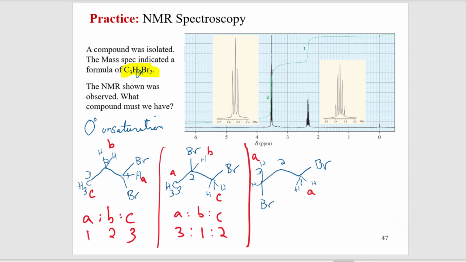Another way you could have drawn this molecule, 1, 2, 3, and you could see that there's this symmetric point by rotation. So there's 2 hydrogens at carbon 2. We're going to call those B. There's nothing like those. So we're on the right track here because A and B is 2 signals.